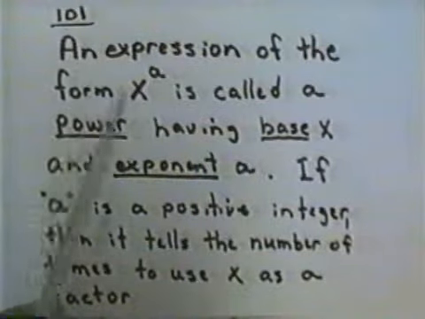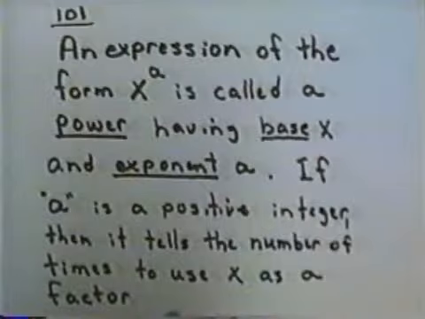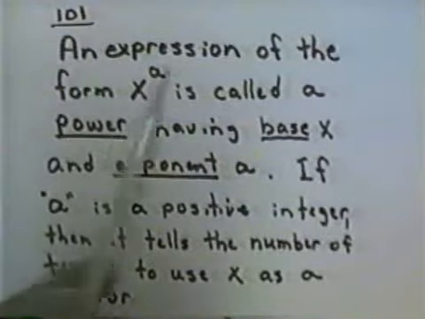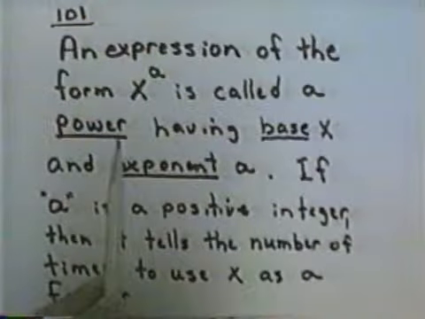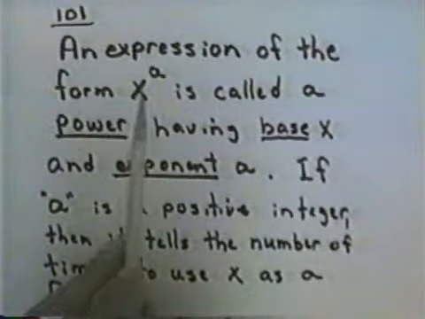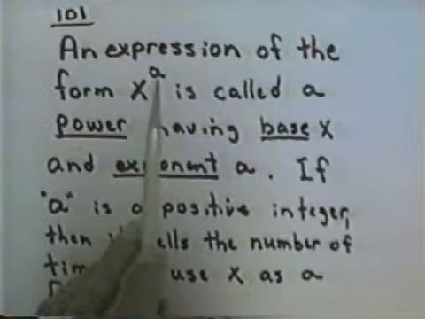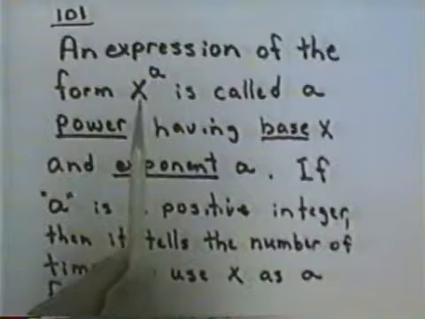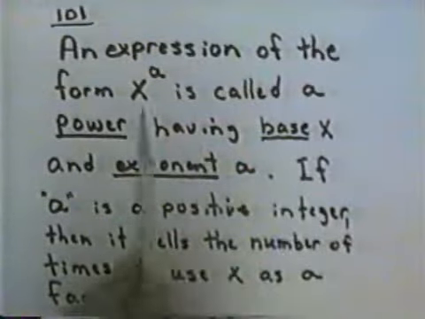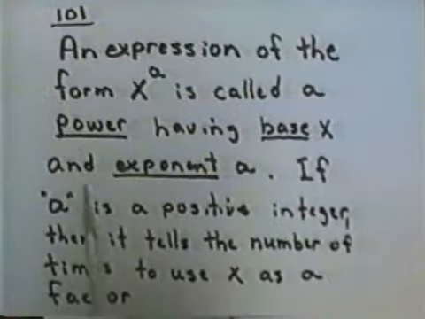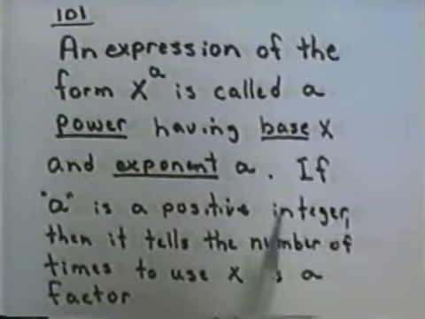We will start today's lesson with a definition with which you should be familiar. An expression of the form x to the a is called a power. So you have a letter or number with a superscript. This thing is called a power, having base x and exponent a. x is the base, and a is called the exponent.